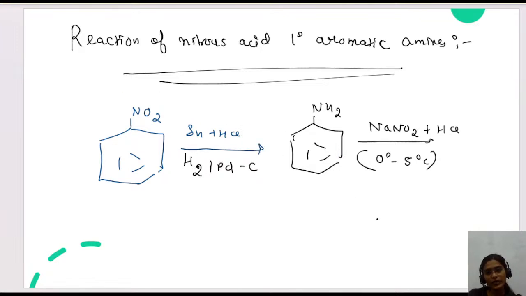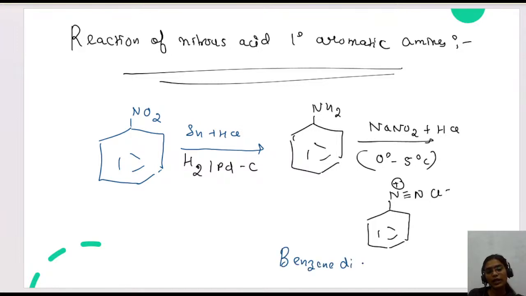After this, there is a formation of this compound, which we already covered so many times. The chloride is negative, and this nitrogen achieves a positive charge here. The name of this compound is benzene diazonium chloride.